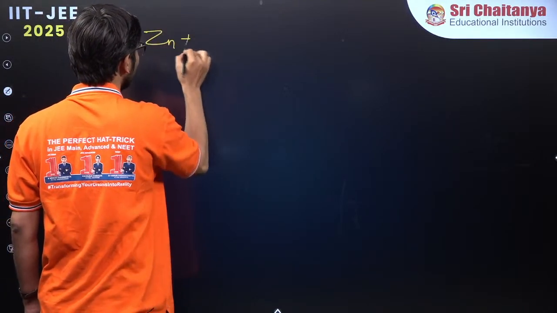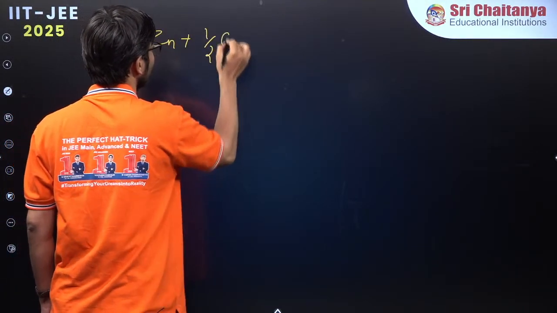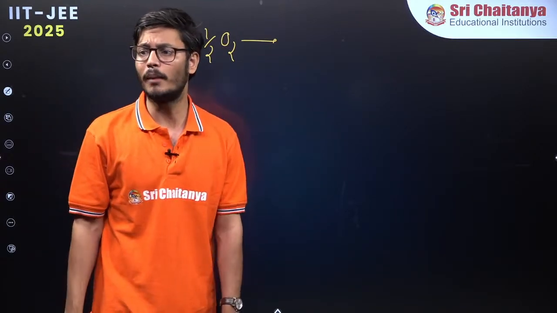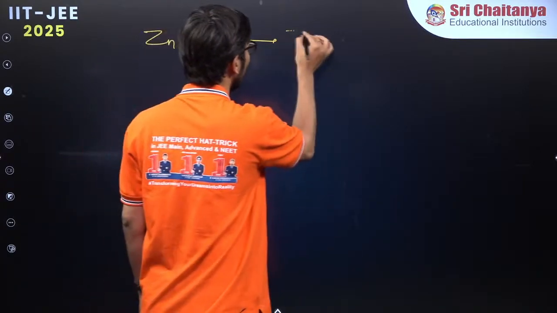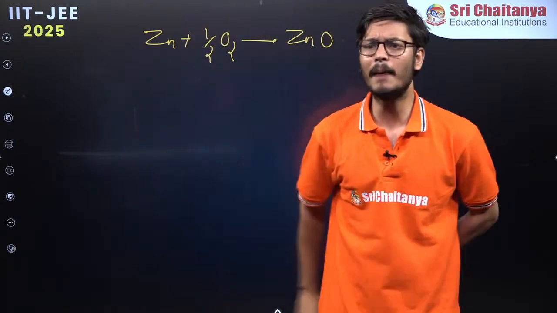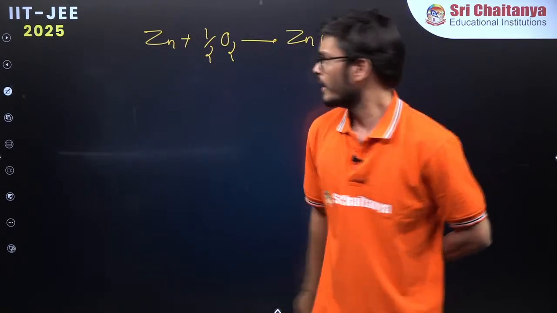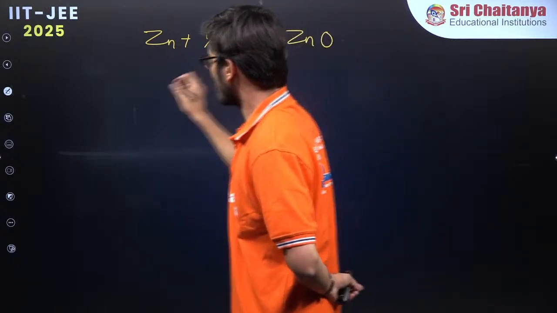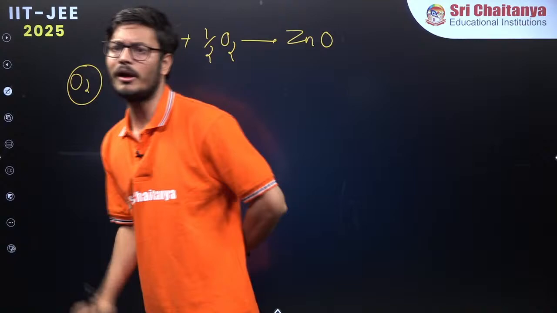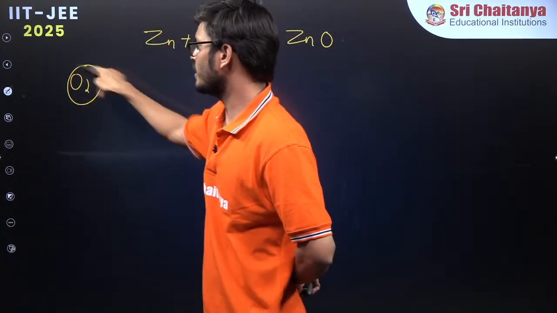Let us say zinc reacts with half mole of oxygen. The product formed is zinc oxide. Now what has happened? If you look at the oxygen, oxygen is a neutral atom, or you can call it an element rather. So oxygen is a neutral element.